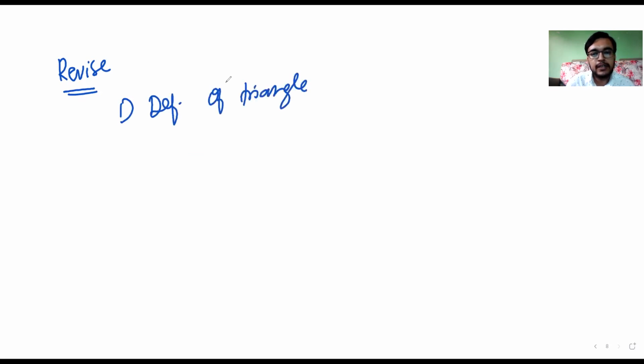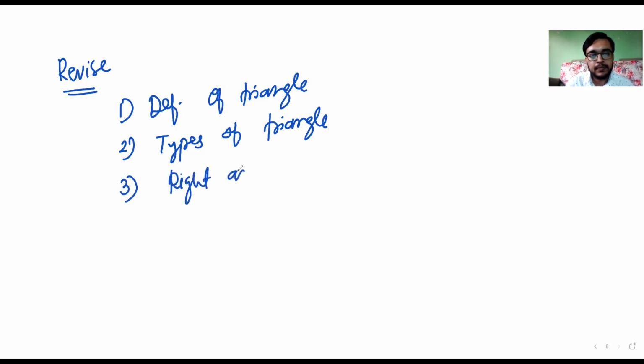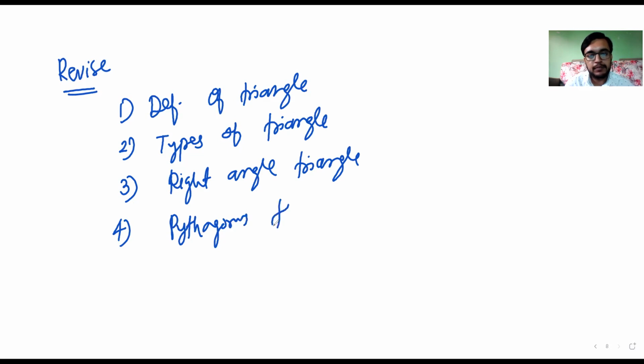Now let us revise what we have studied today. First is the definition of triangle. Second is types of triangles. Then right angle triangle. Then the statement of Pythagoras theorem.